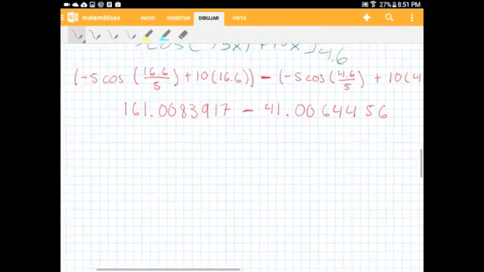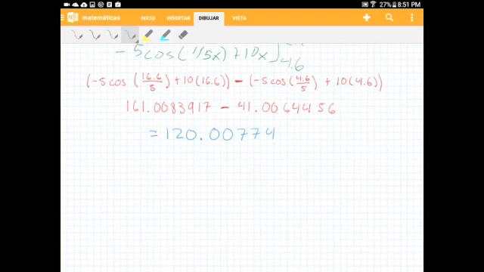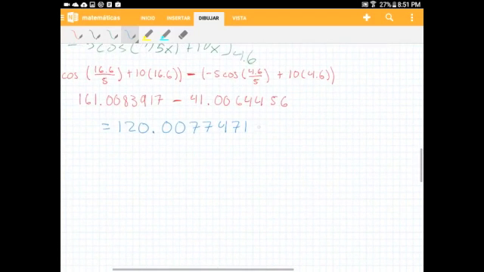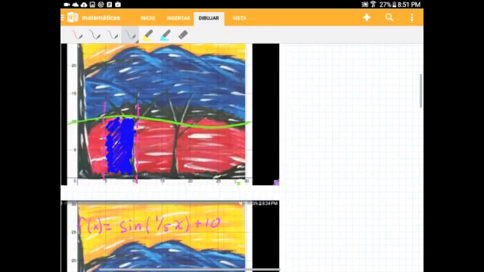If you subtract all these, you will get the equal of 120.0077471 units squared. This is the exact area that is shaded in the blue part.